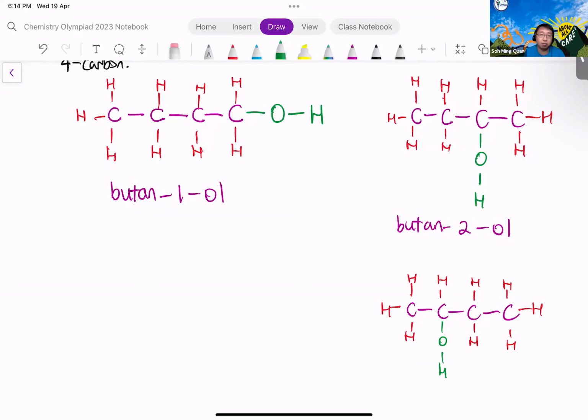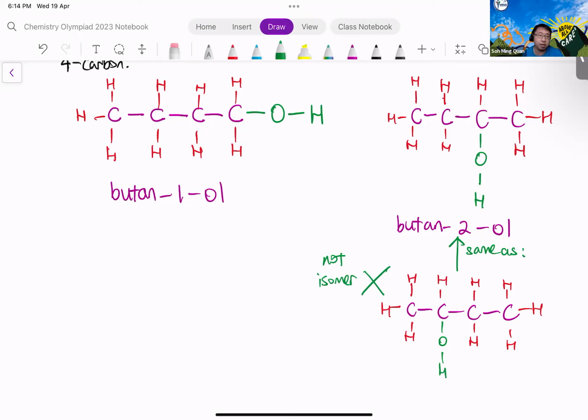If I rotate my butan-3-ol, the one at the bottom, left to right, you realize it's not an isomer. The OH goes onto the second carbon. It's the same as butan-2-ol. So what I've drawn at the bottom is still butan-2-ol.